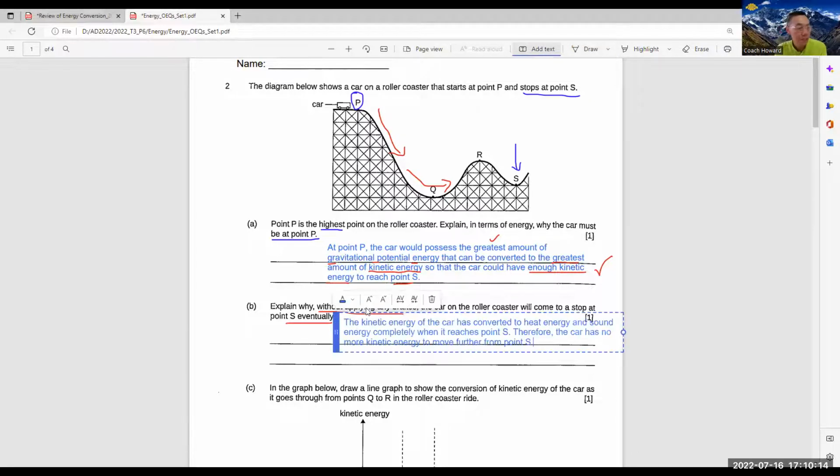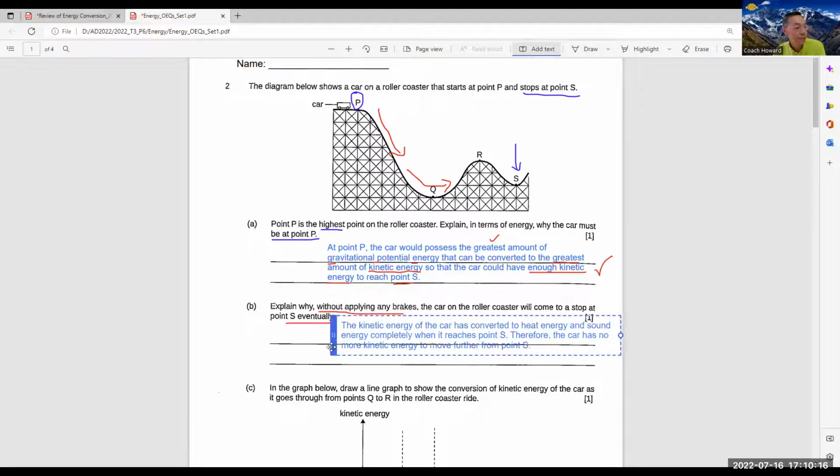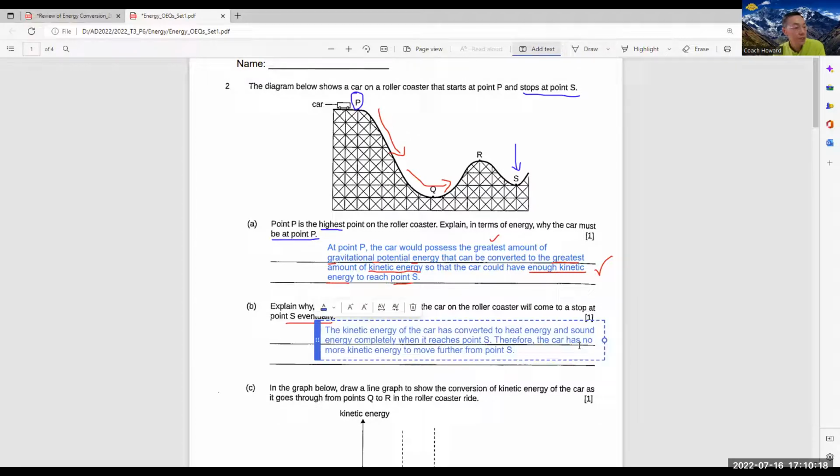So you should say in this manner, okay, the kinetic energy of the car has been converted to heat energy and sound energy completely when it reached point S. Therefore, the car has no more kinetic energy.